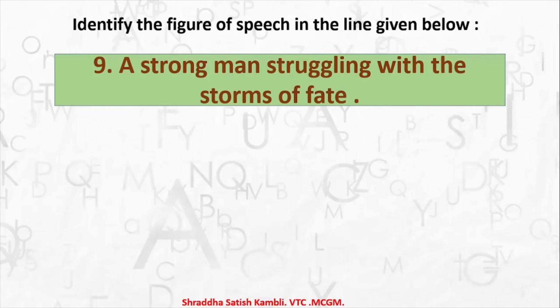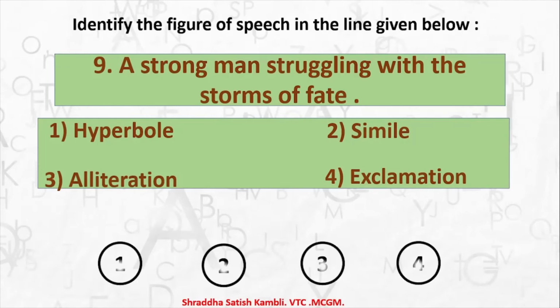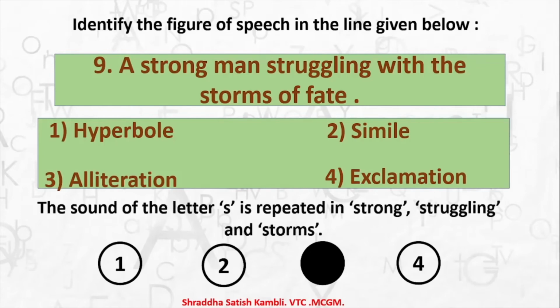Struggling with storms of fate. So let's see which it could be. So is it hyperbole? Is it simile, alliteration, or exclamation? Which is it? Yes, it is option number 3, alliteration. Why? Because the sound of the letter S is repeated in strong, struggling, and storms.